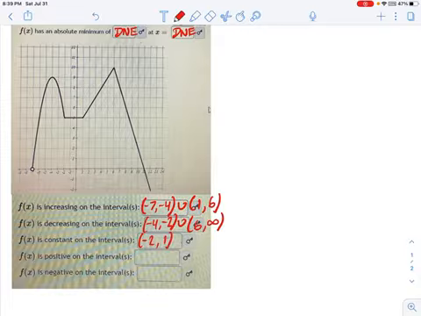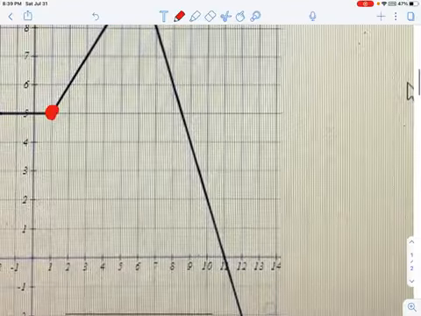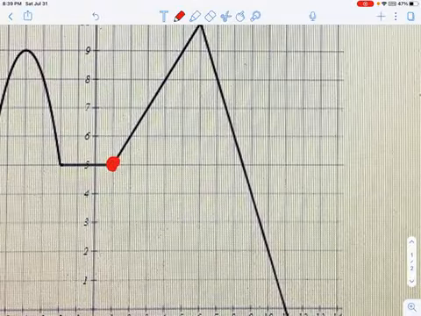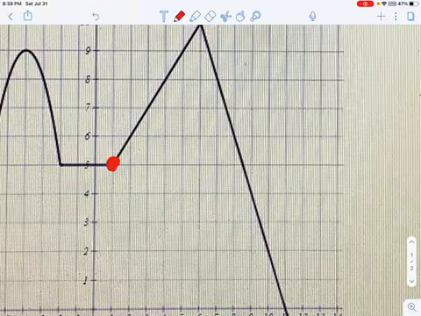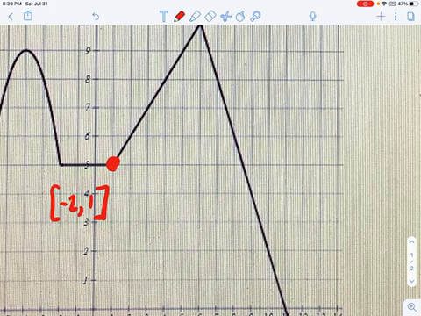And if you notice, I've used curvy parentheses for all of these. There's no square brackets, because when you talk about increasing, decreasing, and you ask yourself, well, here, let's pick on this point right here, okay? If I said constant were -2 to 1 with square brackets, what that means is that point that I've drawn at x equals 1 is constant.